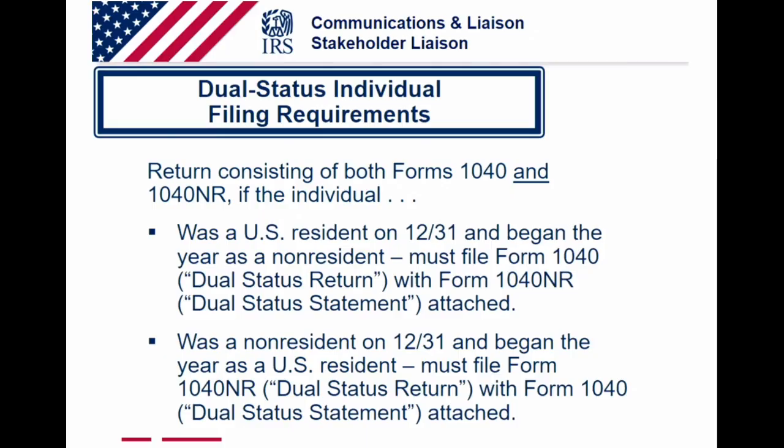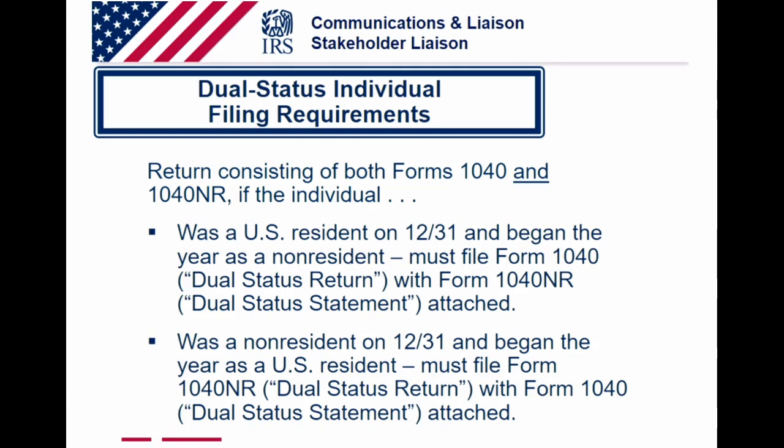An individual whose status changes from a non-resident to a U.S. resident during the tax year, and who is a U.S. resident on the last day of the tax year, must file Form 1040 and write dual status return across the top of the return and attach a statement, which is usually Form 1040-NR, with the words dual status statement across the top, showing the income for the part of the year spent as a non-resident.